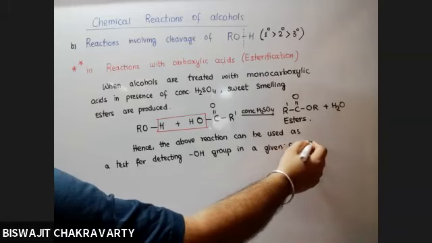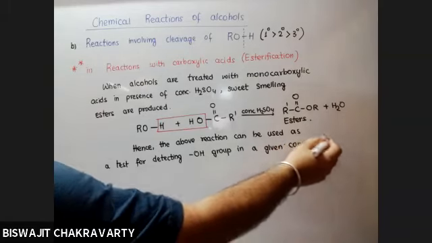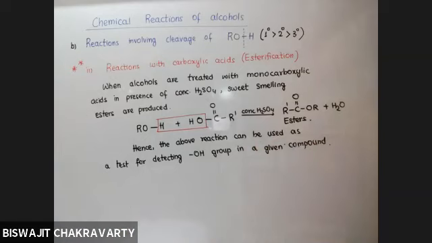So in organic practicals, we have this under detection of organic functional groups. If you are given a liquid and you test the presence of OH in it, we'll simply react it with a known carboxylic acid like acetic acid. And if after some time you get a sweet smell coming out, it can be concluded that esters have been produced.